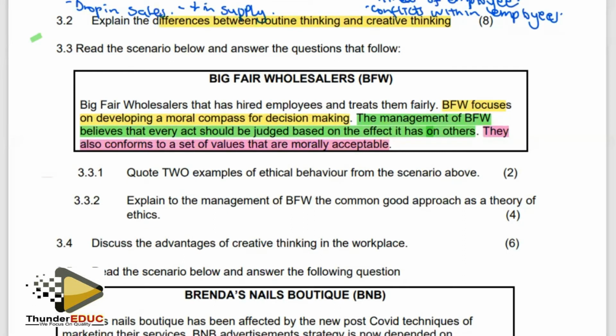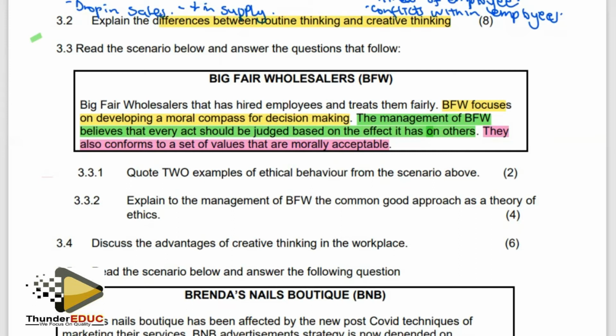What's the question? Quote 2 examples of ethical behaviors from the scenario.